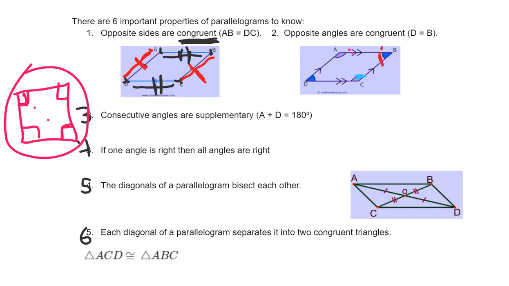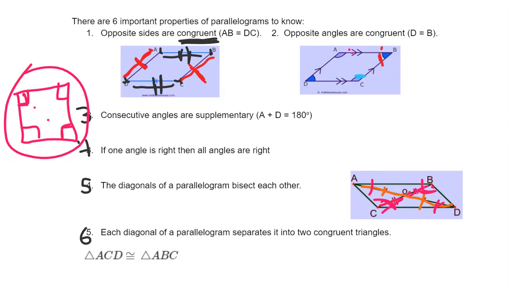Another thing I know is the diagonals of the parallelograms bisect each other, which means they cut each other in half. So these 2 diagonal lines would be my pink one and my orange one. They bisect each other. They cut each other in half directly. The other thing they do is they cut these angles in half, because remember, that's what a bisector does.